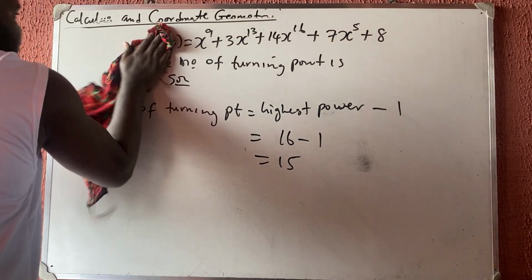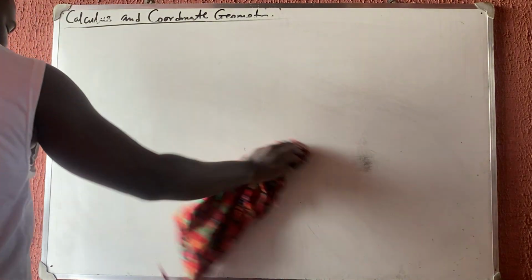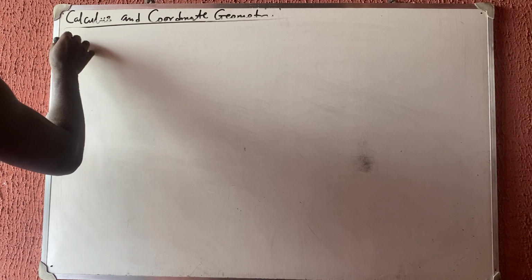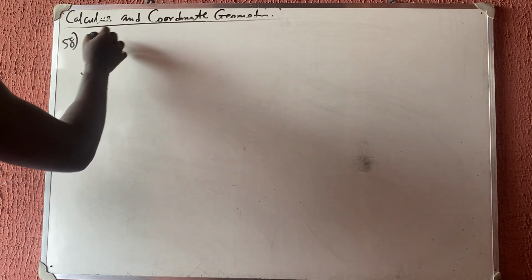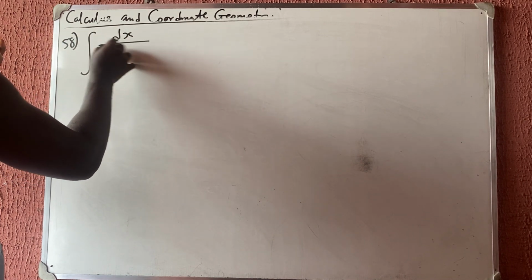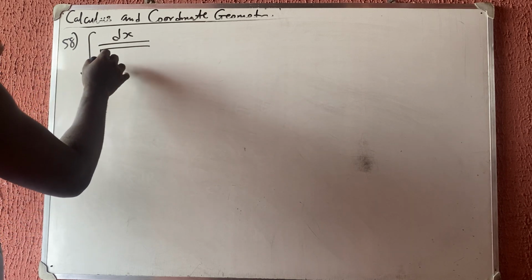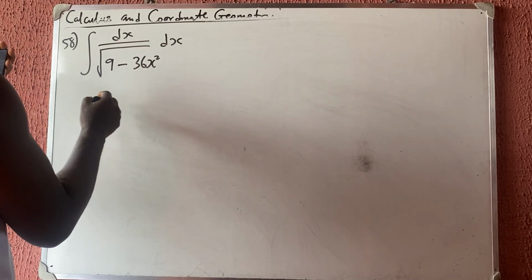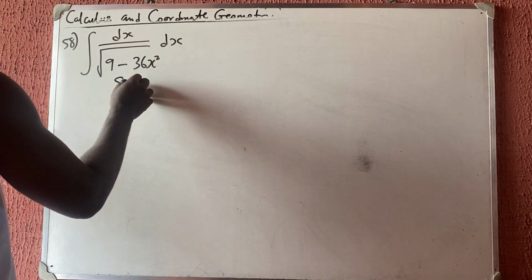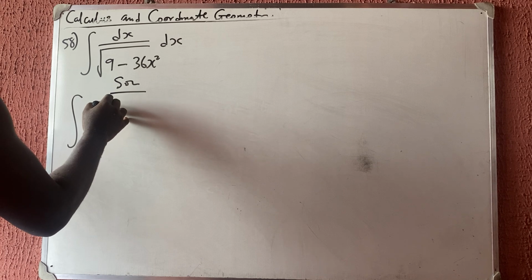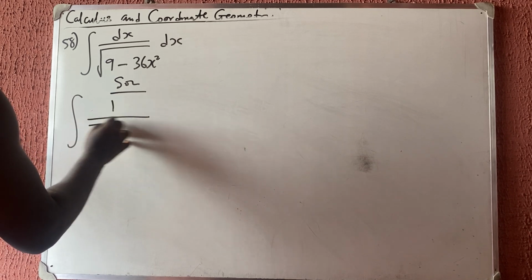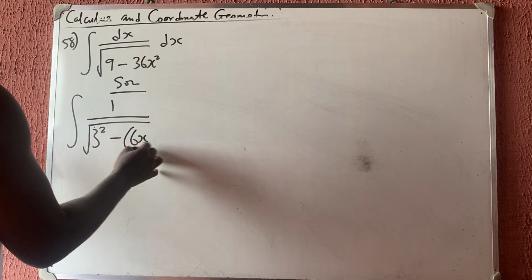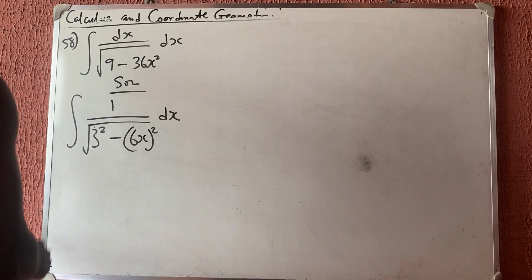Question number 58 says the integral of 1 all over the square root of 9 minus 36x^2 dx is dash. Solution: this is the integral of 1 over the square root of 3^2 minus (6x)^2 dx.